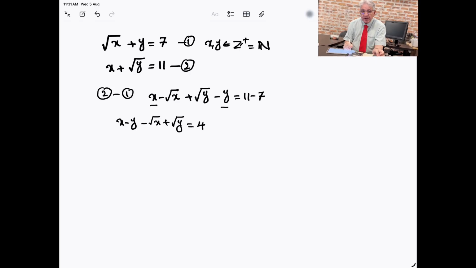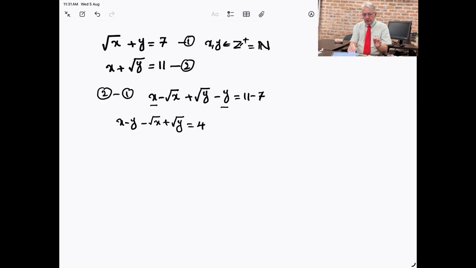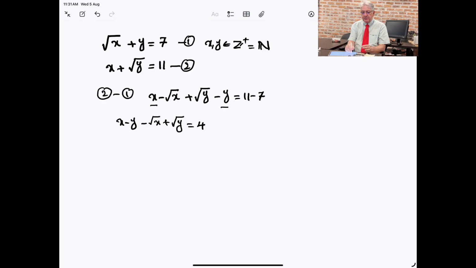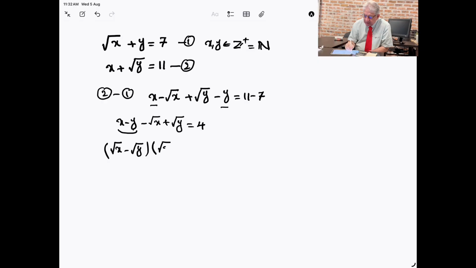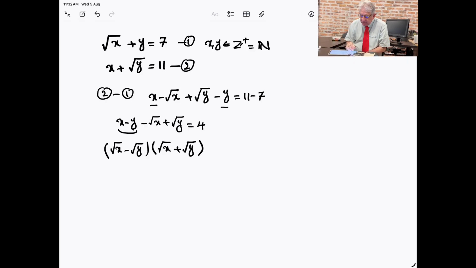Now, x minus y, you can assume that this is the square root of x to the power of 2, and the y will be the square root of y to the power of 2. So I can use the conjugate theorem: this part is the square root of x minus the square root of y, times the square root of x plus the square root of y. Now you can see you have the square root of x minus the square root of y, but this is the other way around.